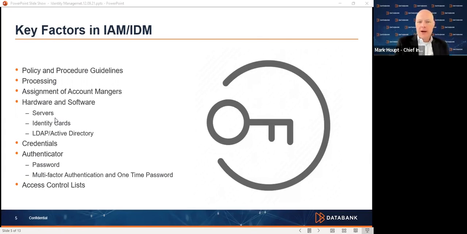Another key factor with IAM that a lot of companies, even those that have mature IAM models, forget is to have assignment of account managers. What does this mean? It's simply this: for every single group or role that's out there, for every single individual who has a digital identity, they need to have somebody who is an authority over that identity that says, yes, I agree that so-and-so, first of all, should have access to the system.